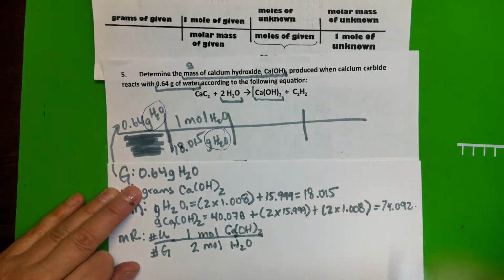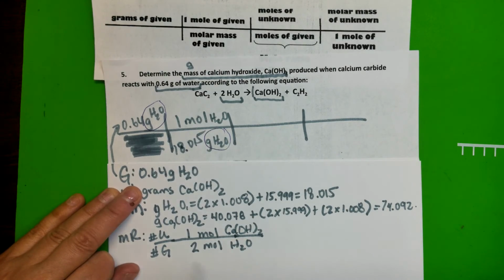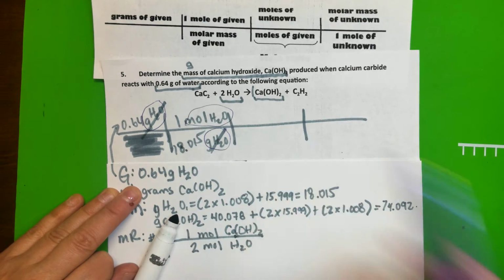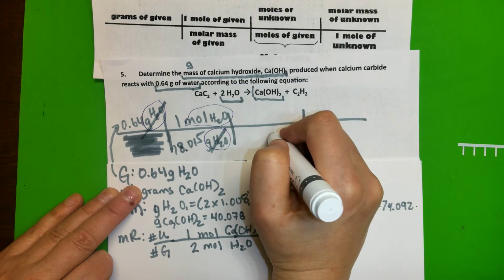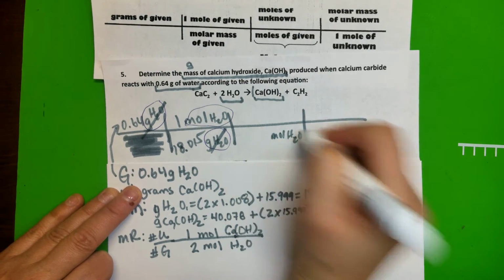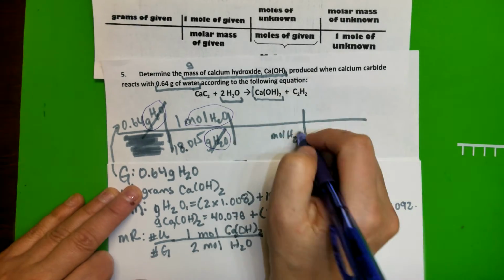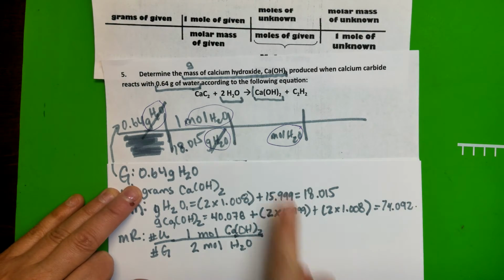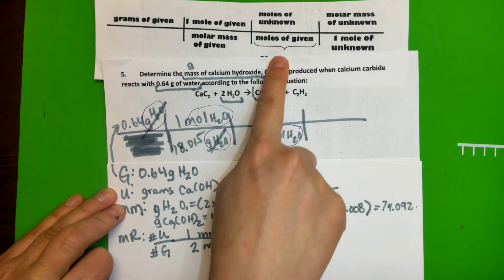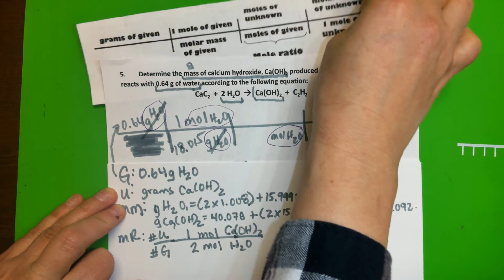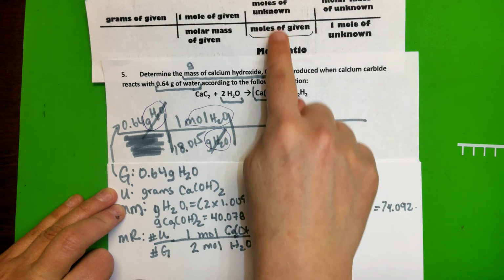We're done with that, and now we have moles of H2O. So we need moles of H2O on the bottom. The only one that has moles of H2O on the bottom is your mole ratio, in the third column.